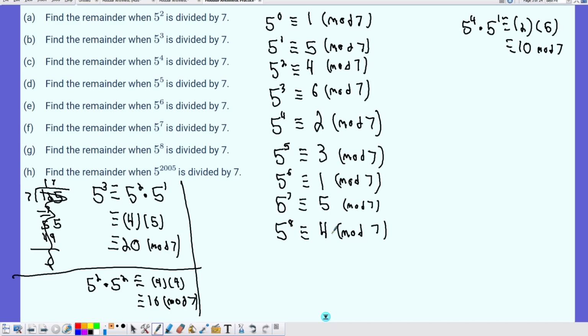And you can bet if we were to extend it, 5 to the 9th would be the same thing as 5 to the 8th times 5 to the 1st. 5 times 4 is 20, which we know is the same thing as 5 to the 3rd, so it's going to be 6 mod 7. And the pattern is just going to repeat. 1, 5, 4, 6, 2, 3, and so on and so on, all the way down.